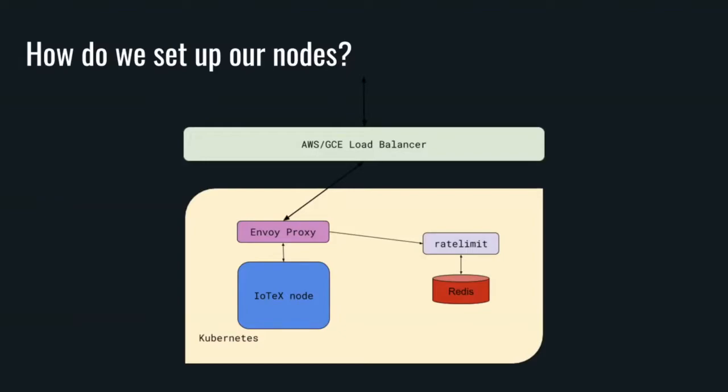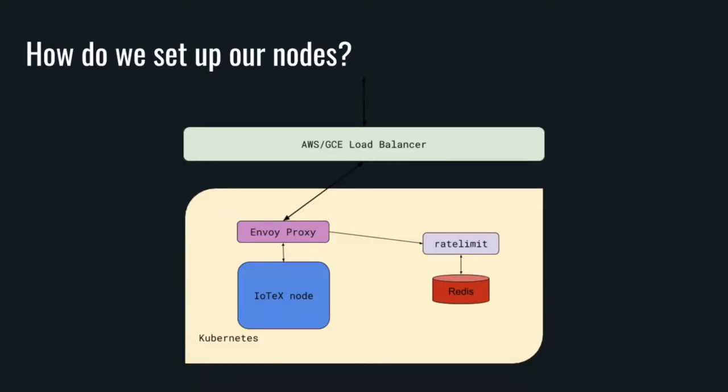If you have used Kubernetes before, or are using these services in AWS or GCE, when you set up your Kubernetes service and select the type load balancer, you actually create a GCE or AWS load balancer, which gives you some benefits we'll talk about later. But let me explain the setup first.